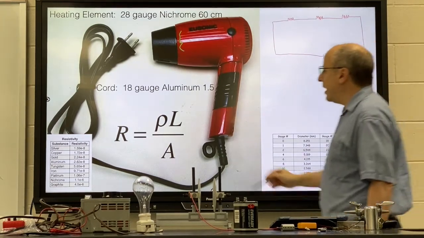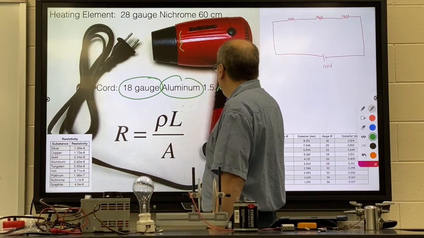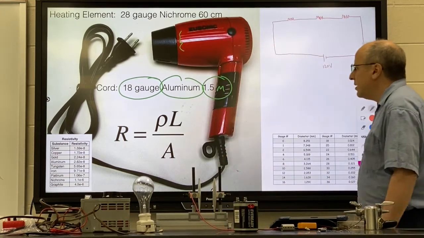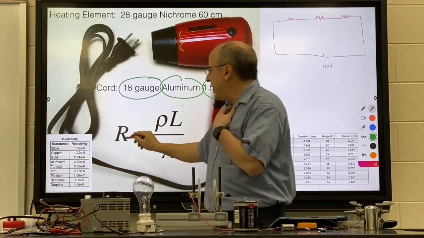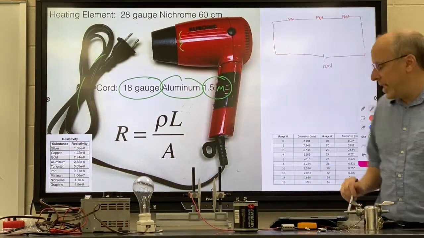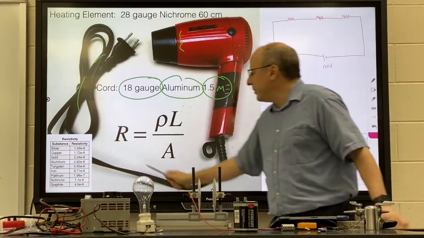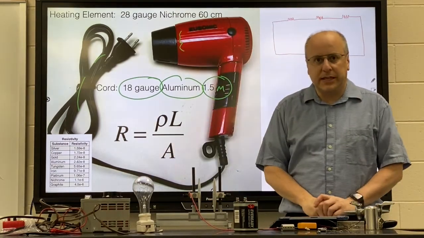So the cord itself is 18 gauge aluminum wire of 1.5 meters. So use that to figure out the resistance of this wire. I'll give you a moment to do that. Remember how to deal with gauges, and remember how to look up your resistivity.